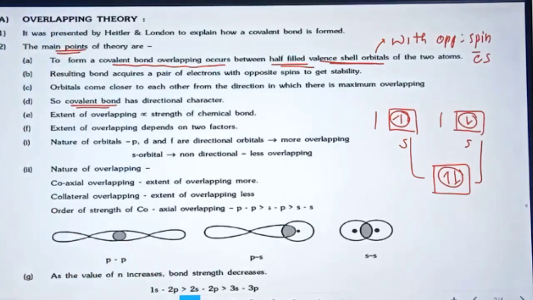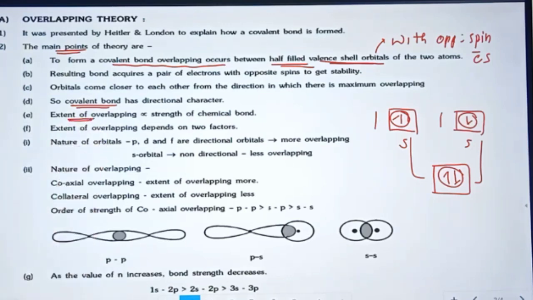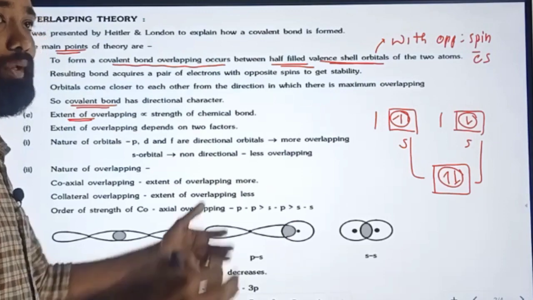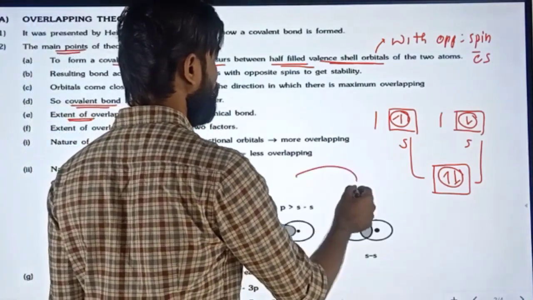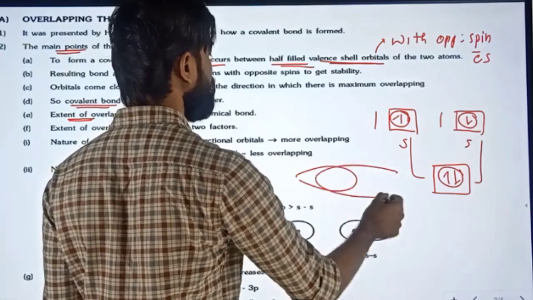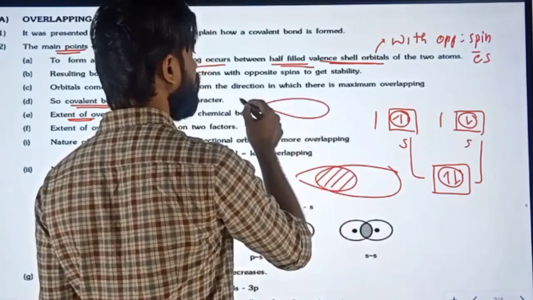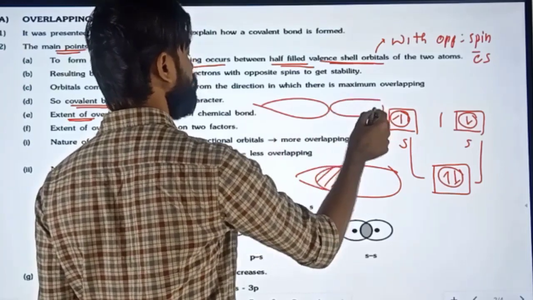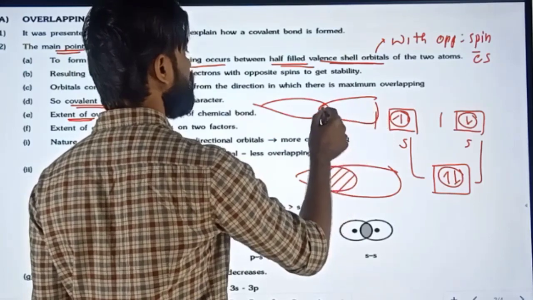The next is extent of overlapping. Extent of overlapping means degree of overlapping, how much they overlap. If the overlapping is like this, it has a greater extent of overlapping. If the overlapping is just like this, it is much less.